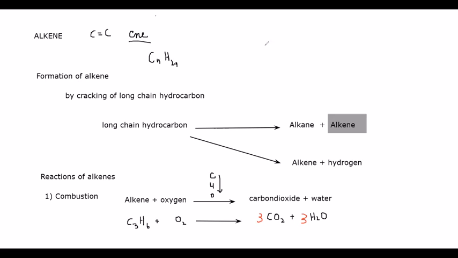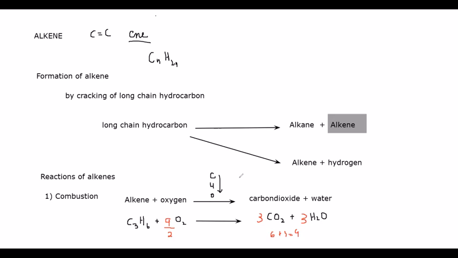Now to balance oxygen: 3 multiplied by 2 is 6, and this 3 is with oxygen, so 6 plus 3 makes 9 oxygen. 9 oxygen on the right hand side, so I need 9 oxygen on the left hand side. So I can write 9 by 2, because 9 by 2 multiplied by O2 will give 9 oxygen. Is it clear? This is the balanced equation for combustion of an alkene.